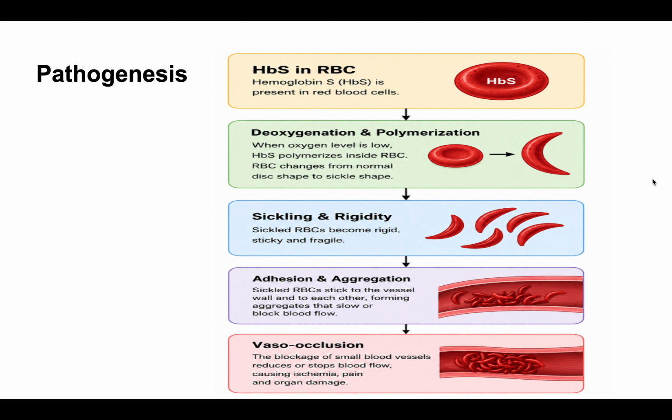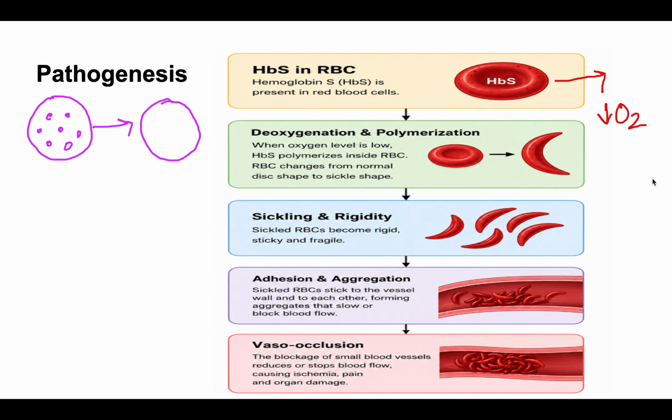In vasoocclusion, this is a biconcave RBC. Because of deoxygenation, when the oxygen level falls, the hemoglobin, which was evenly dispersed in HbA, is different. In sickle cell anemia, whenever deoxygenation takes place, it will lead to formation of a sickle.